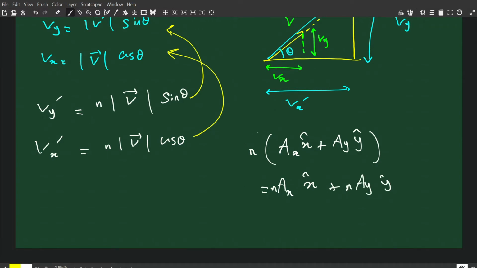Simply, it's like simple algebra, and we can multiply it into all terms inside the parentheses.